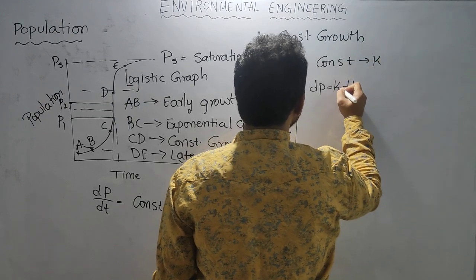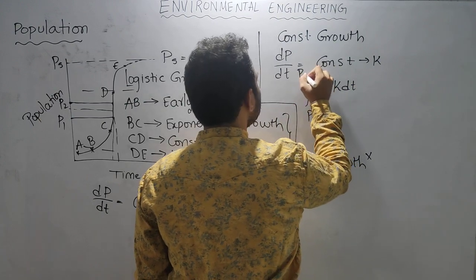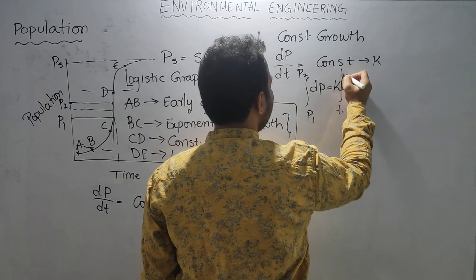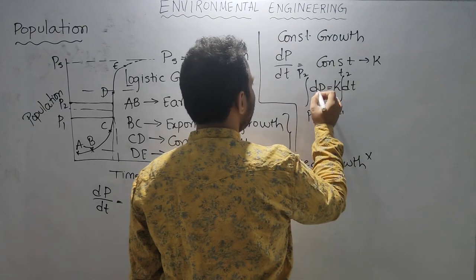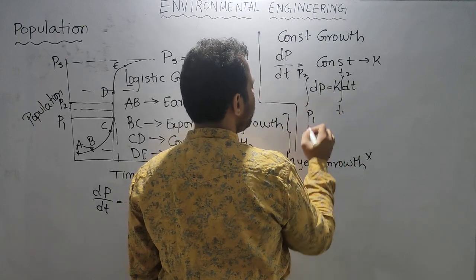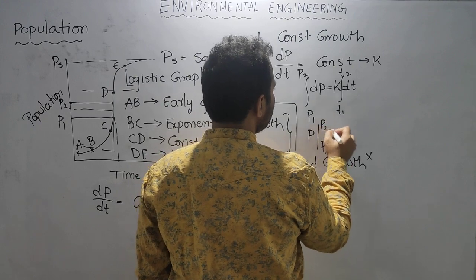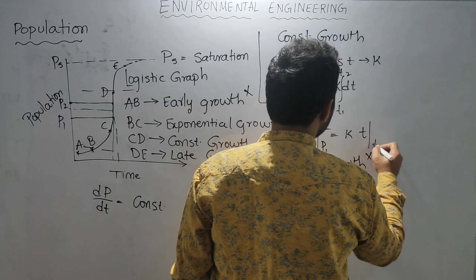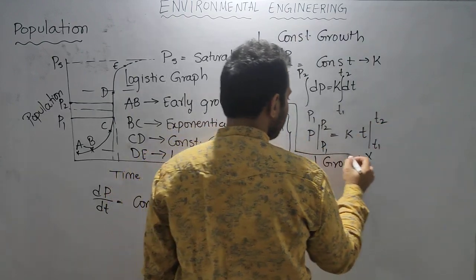I will integrate it between two populations, P1, P2 and times T1, T2. The integration of dP is P, with limits P1 to P2, and k into dt's integration is k t, with limits T1 to T2.